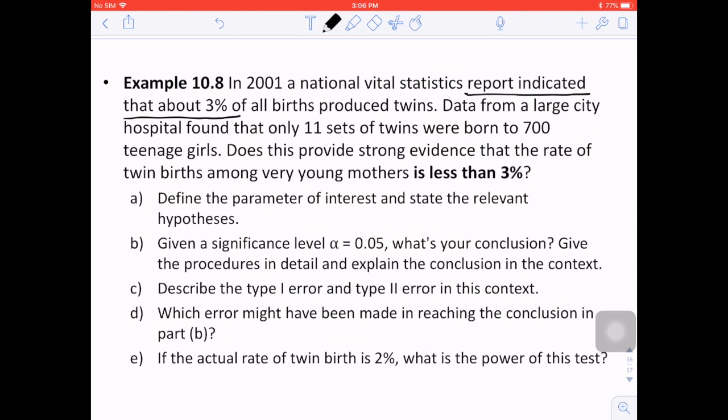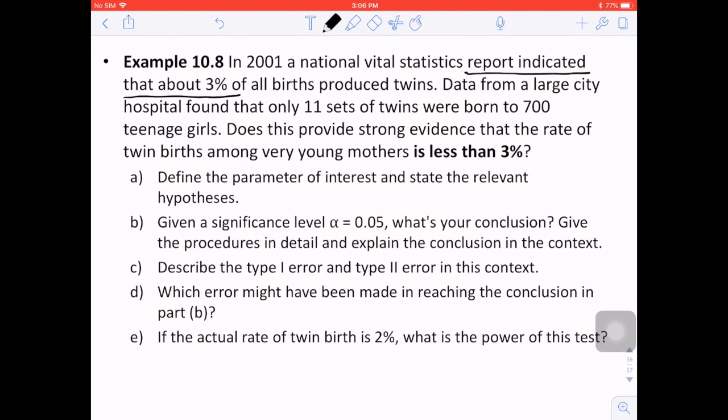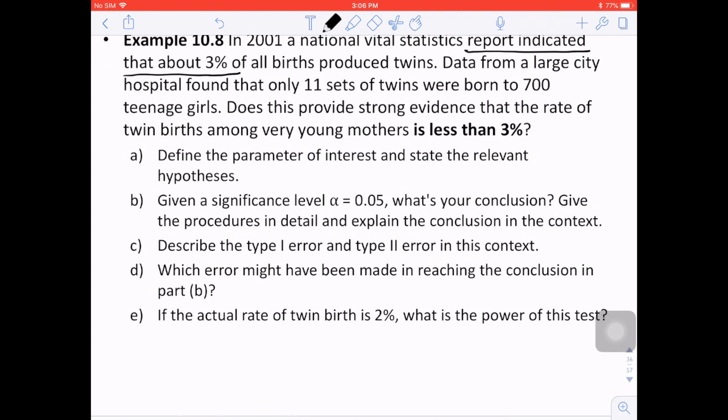Then we have some data from a large city hospital: only 11 sets of twins were born to 700 teenage girls. So my data, of course, is a sample.